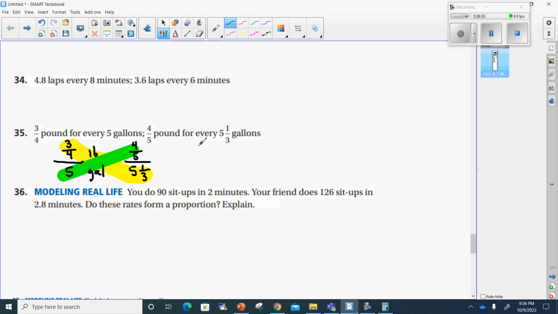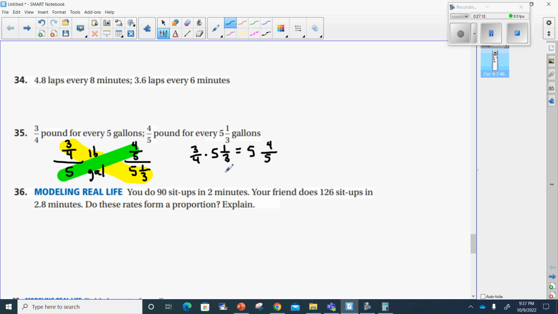So if I take 3/4 and multiply it to 5 1/3, is it going to equal 5 times 4/5?